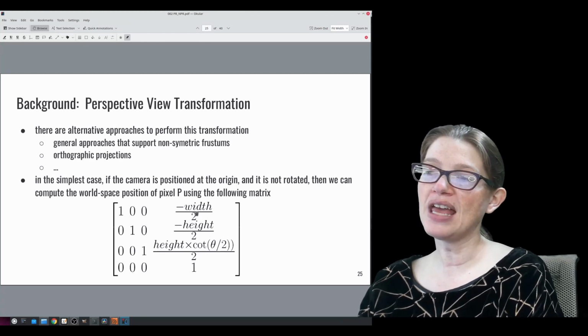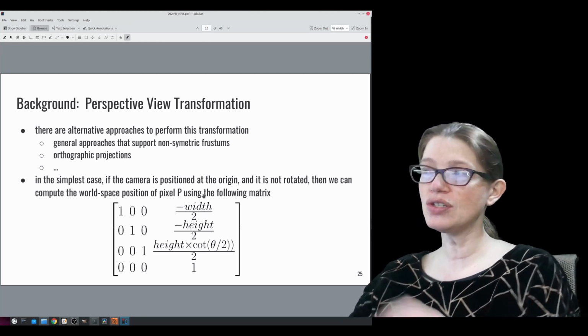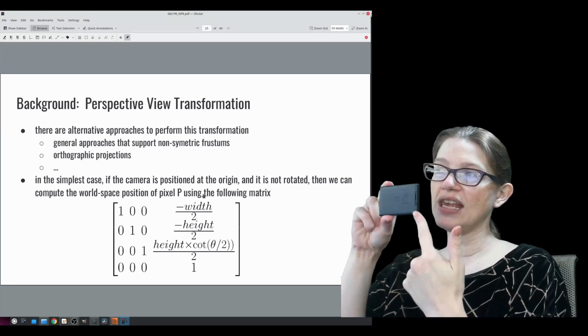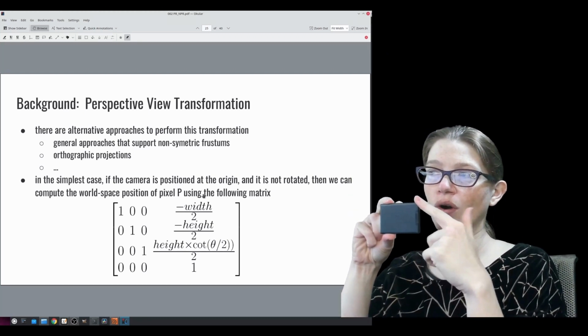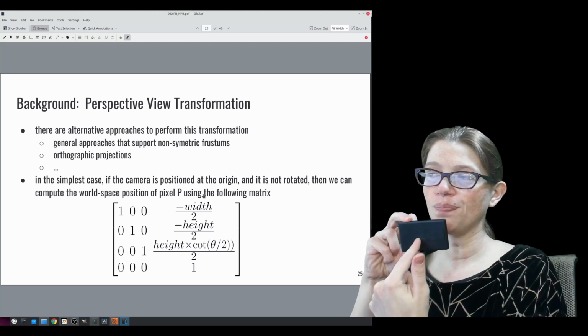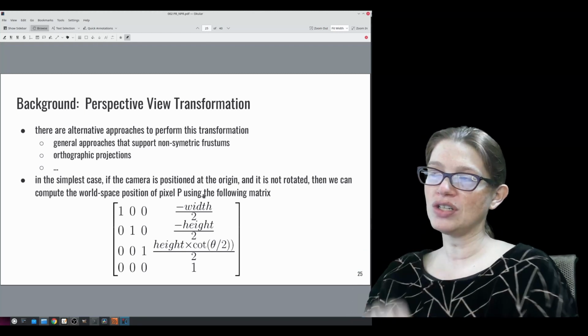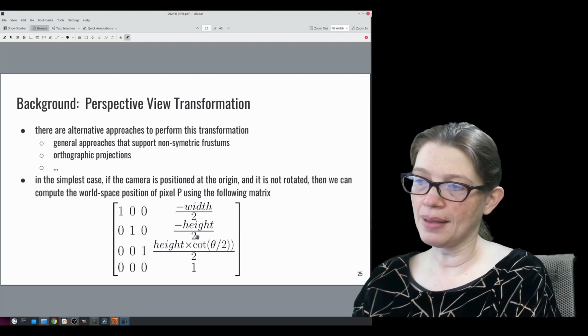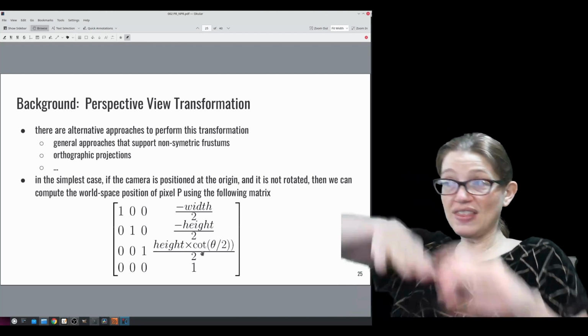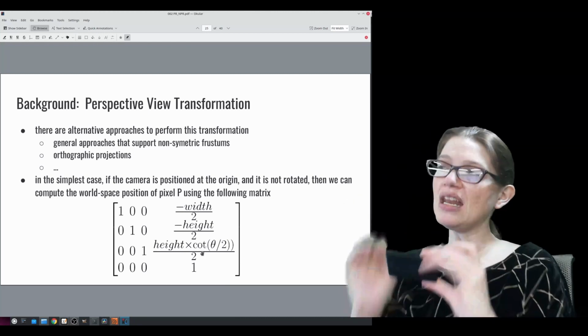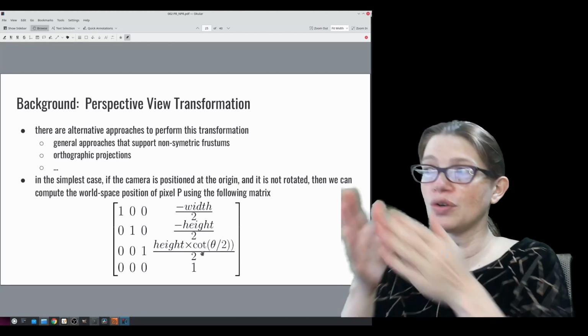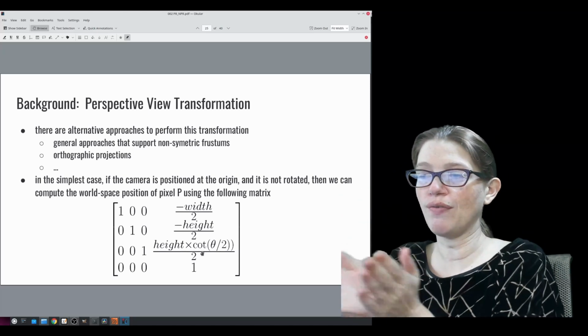So you simply are going to do some translations to move the origin of the image to the center of the image. And then we're going to apply this other position here, which is moving the camera back from the image plane so that we can make sure we have the correct field of view.